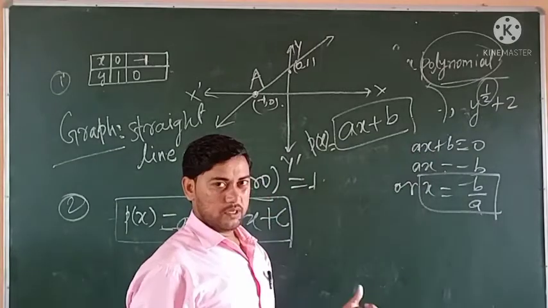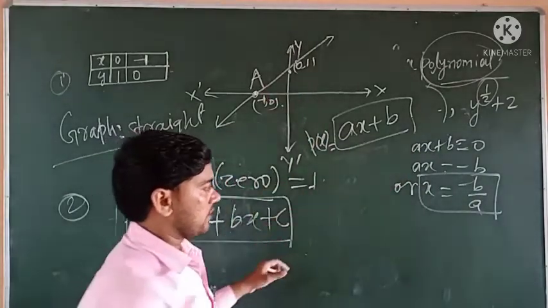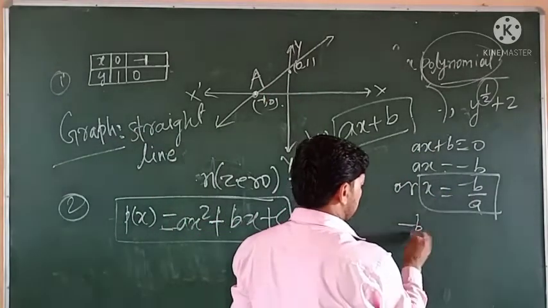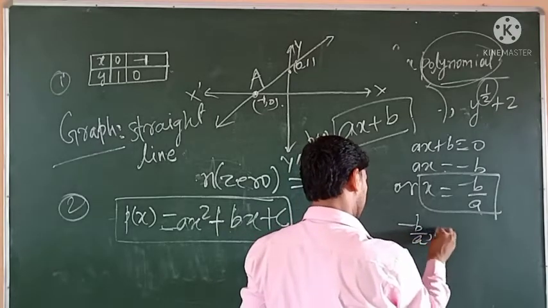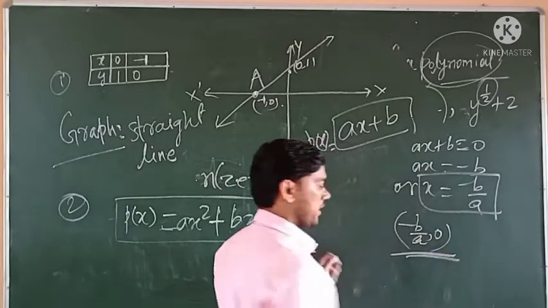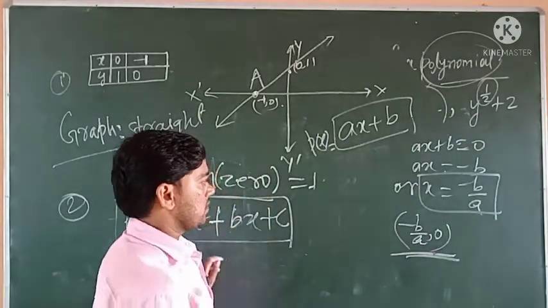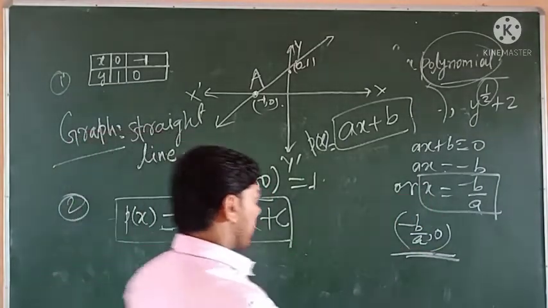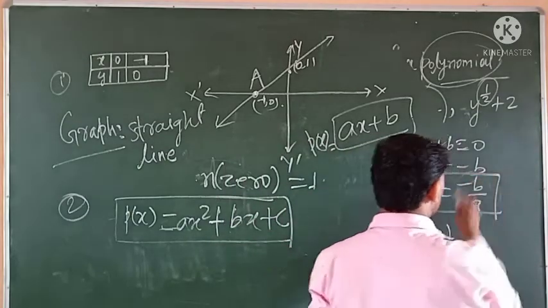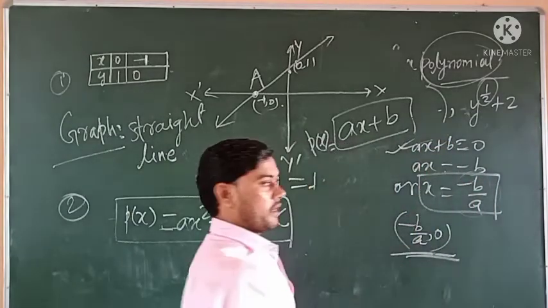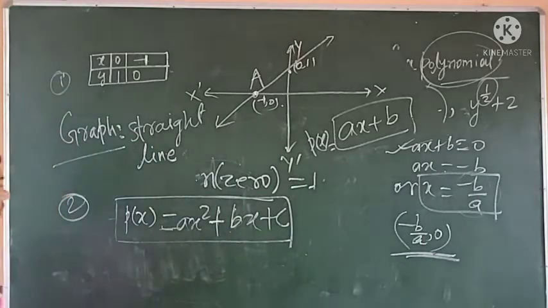So ax plus b intersects the x-axis at the point minus b upon a, 0, and minus b upon a is the zero of the linear polynomial ax plus b.